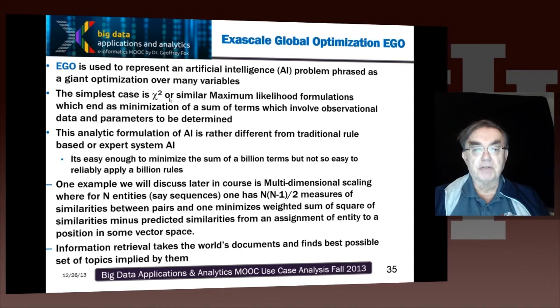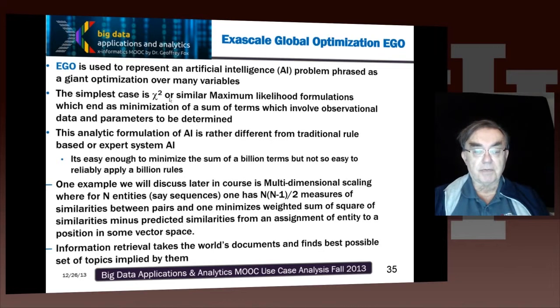And the case that's most familiar is called chi-squared or maximum likelihood formulations, where after you take the log of the maximum likelihood, and take the right sign, you always end up minimizing a sum of terms. And those terms are a mix of observational data or derived data and parameters which you wish to determine.